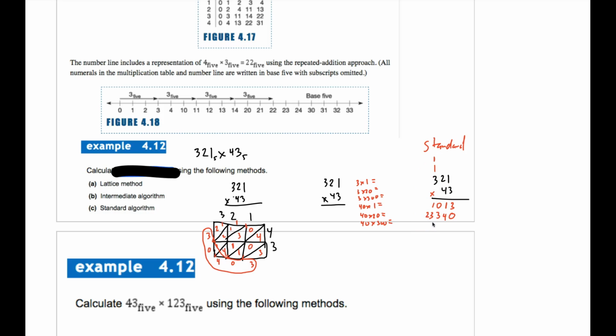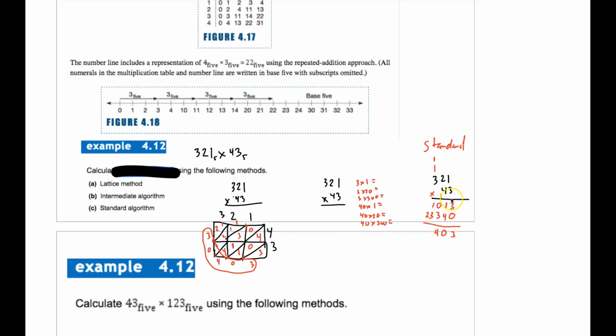My number is going to be off, it looks like. Let's double check here. So add them up. I get 3. 1 plus 4 is 5. So 0. Carry the 1. 1 plus 3 is 4. Oh, this is a 4 here. 1 plus 1 plus 2. We have to do this again. Let's find our error real quick.